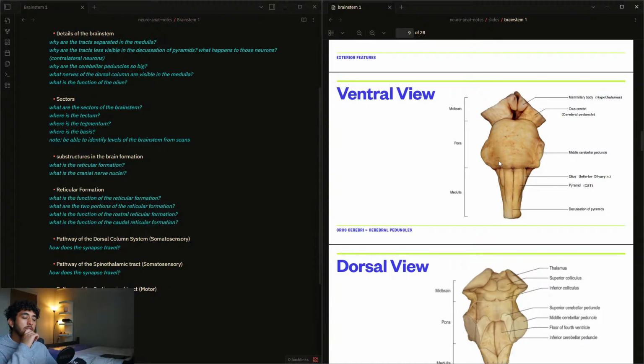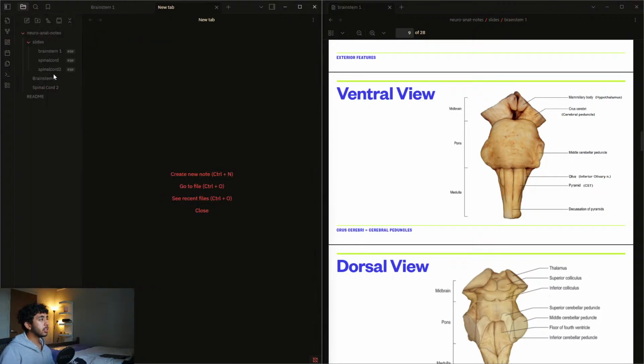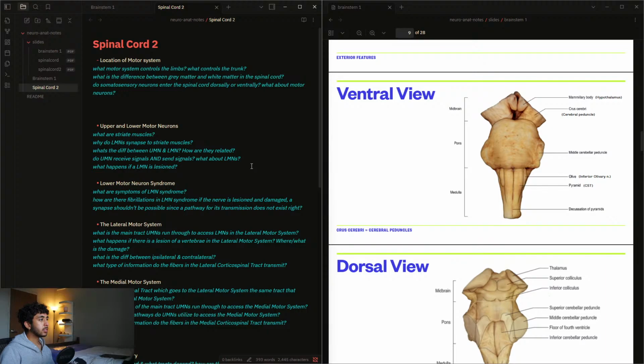So ventral view and dorsal view. Did I label this correctly then? Yeah, I did. So ventral is, yeah, okay, that makes sense.